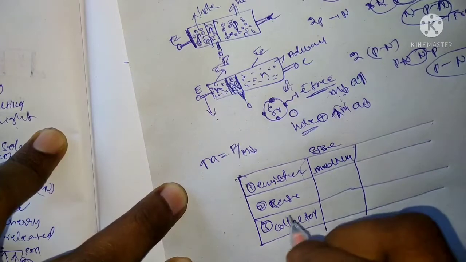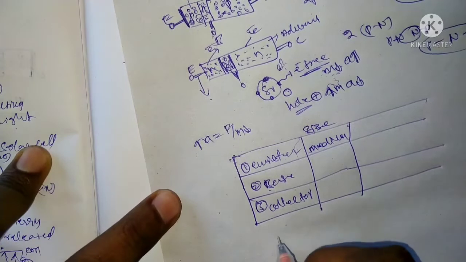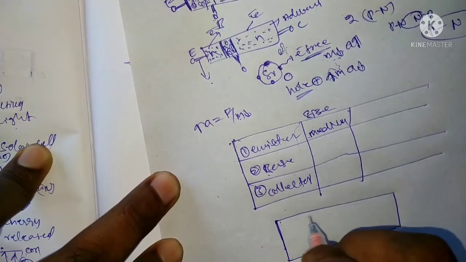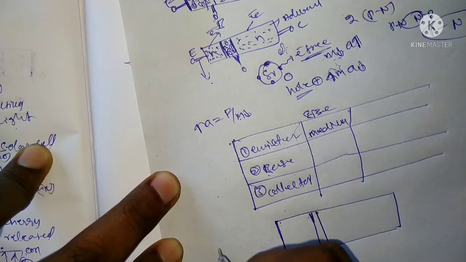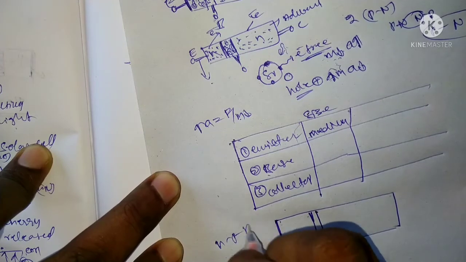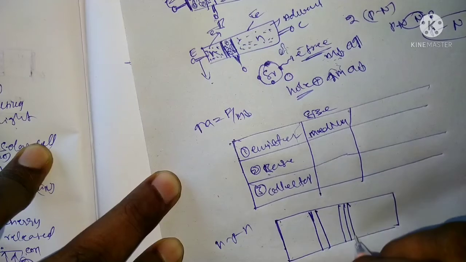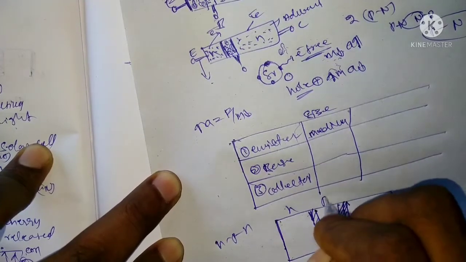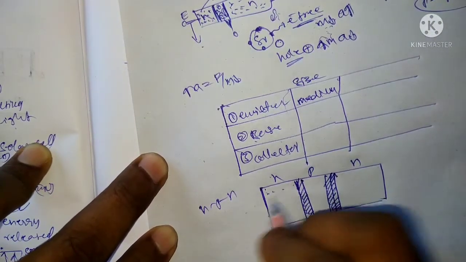Medium size means above the base and below the collector. Suppose in the case of N, P, N, NPN: the N is the emitter, where the number of electrons is more.